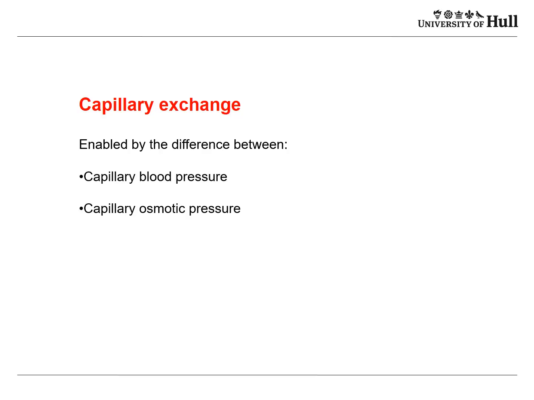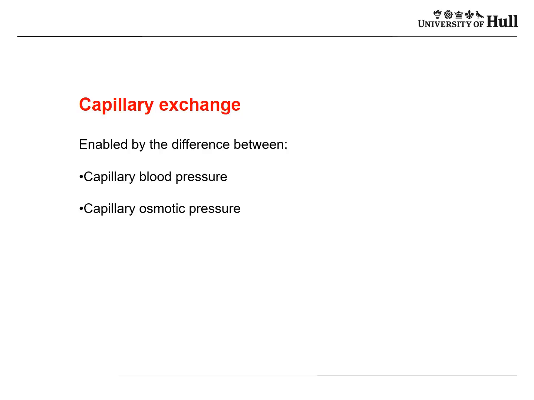The cardiovascular system exists to achieve capillary exchange, in other words, nutrients and oxygen donated to the tissues, carbon dioxide and other waste products taken away. And capillary exchange is enabled by the difference between the capillary blood pressure and the capillary osmotic pressure.